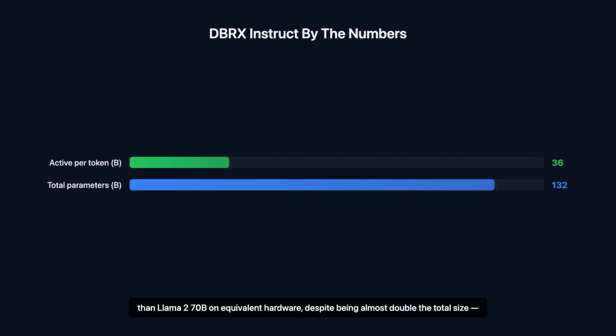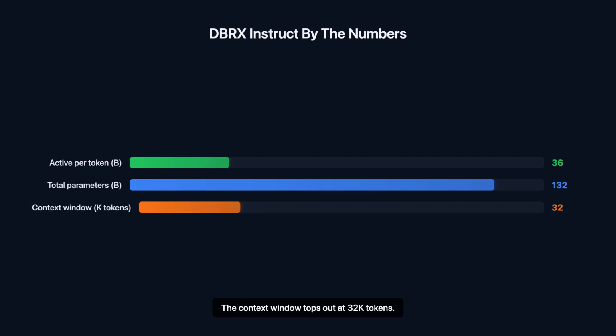Despite being almost double the total size, you're paying compute for 36 billion, not 132. The context window tops out at 32K tokens. That 32K ceiling is what would have disqualified DBRX for the 200-page contract scenario we just walked through. Interesting architecture, wrong desk size.